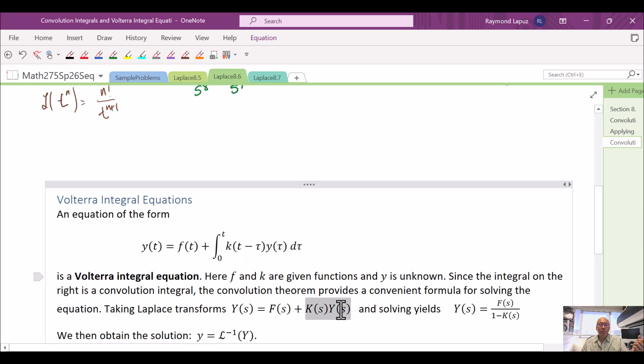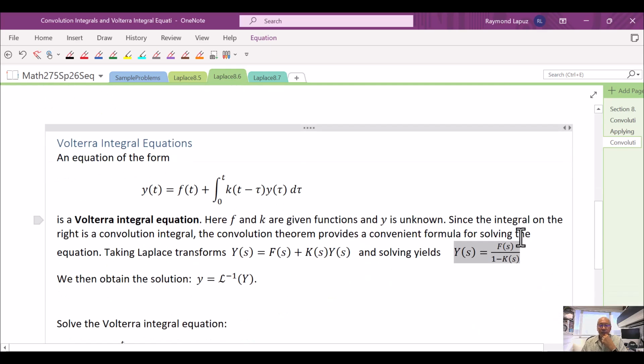So that capital K times capital Y in the Laplace world makes it now easy for us to solve for Y. We have a Y here and a Y here, and so you get the Y by itself, and Y is going to be the F function divided by 1 minus K. And then hopefully this is an easy enough function in the Laplace world that you can transform back.